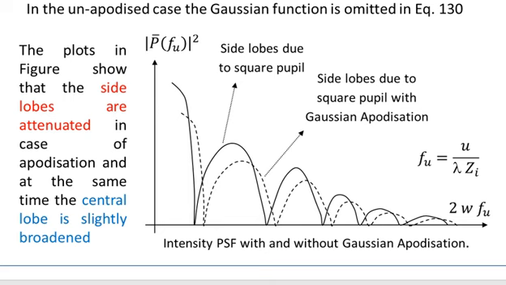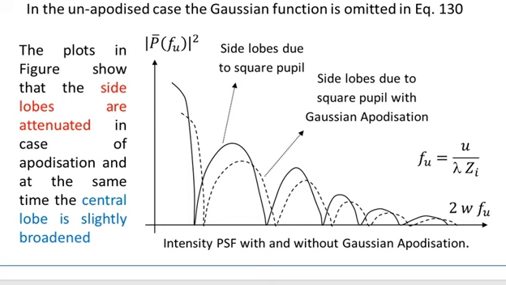So what we have obtained is that the main lobe has increased with the use of Gaussian apodization. The second thing is that the side lobe has reduced in height. It means that if you use Gaussian apodization, you will lose some resolution, but the contrast will improve due to the reduction in the side lobes.